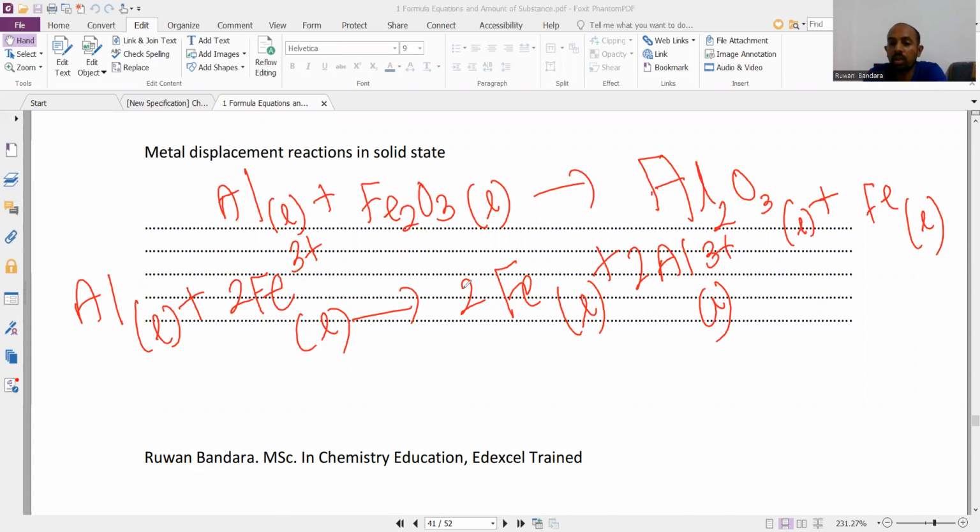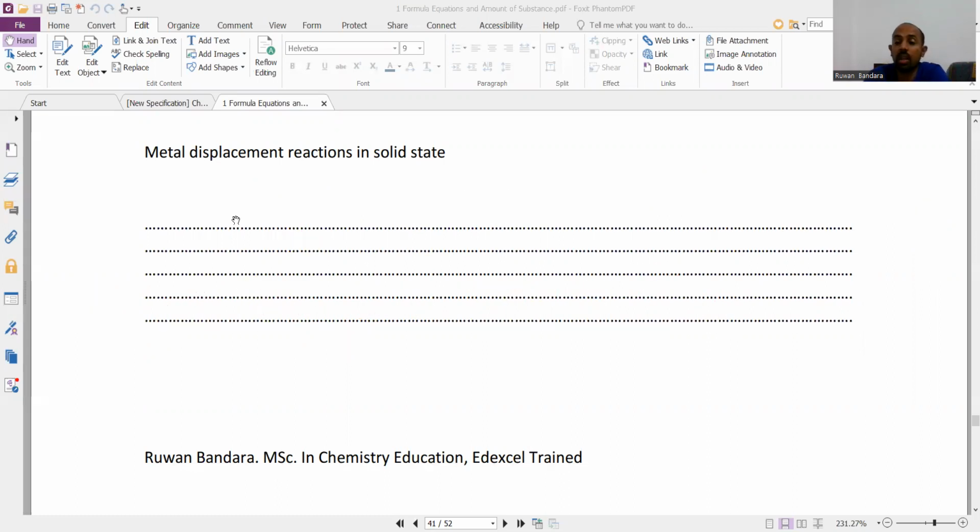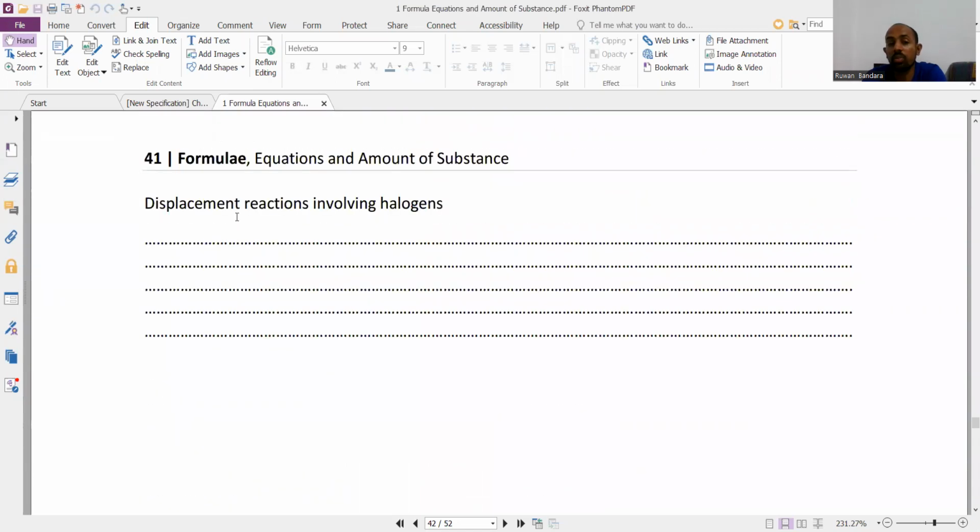So again, a redox reaction. Yes, it takes place under very high temperature, and I don't think you can see any observable change. Okay, next one, displacement reactions involving halogens. This is a typical one that I think we have done even in the group 7 lesson as well.